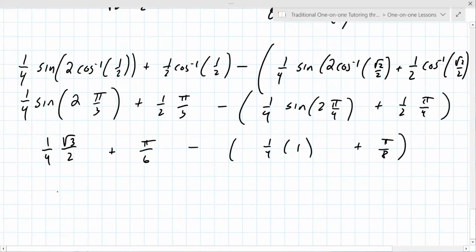It's the square root of 3 over 8. And then we've got minus 1/4 plus pi over 6 plus pi over 8. And from here, you can combine these, I guess, if you really wanted to. But if you get to this, you're pretty much 99% of the way there.